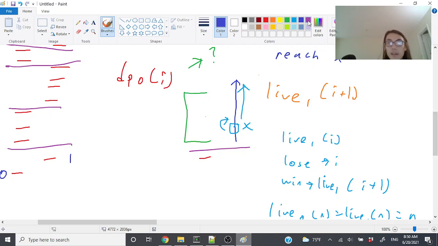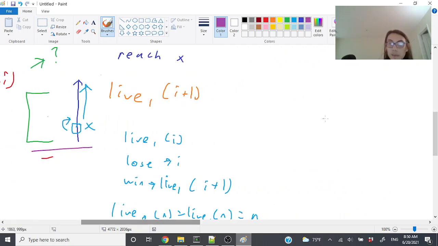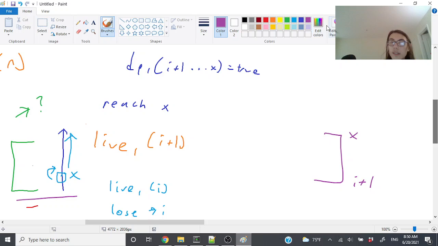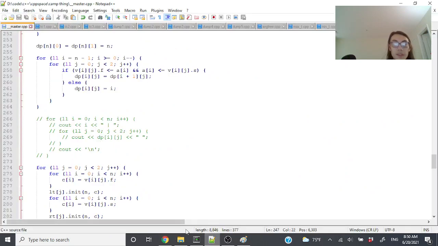The way to maintain the parents is, if we say dp0 of I works from I plus 1 to x, so that it fails for example at x plus 1, then we can keep a global set of all the possible values that work. At this point we insert position I into the set, and here we remove I. That way I will be in the set for exactly the time that it's alive. So that would work for constructing parents.